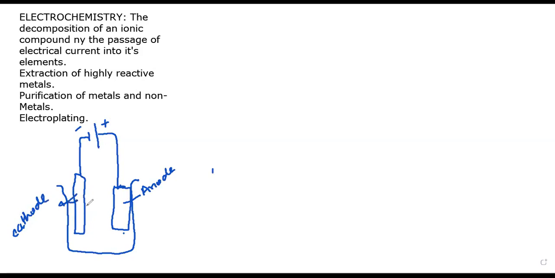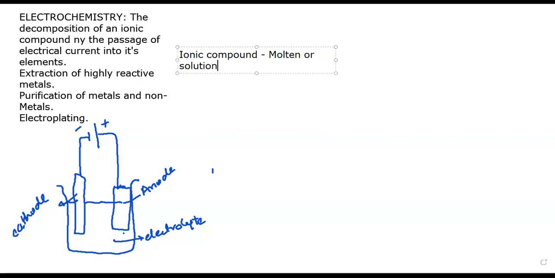They were surrounded by a solution of our ionic compound, which we called the electrolyte. The ionic compound had to be either molten or in solution, because we need free ions to allow the conduction of electricity. In solid ionic compounds, we don't have any free ions to allow the passage of electrical current.